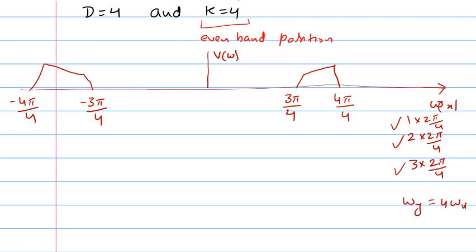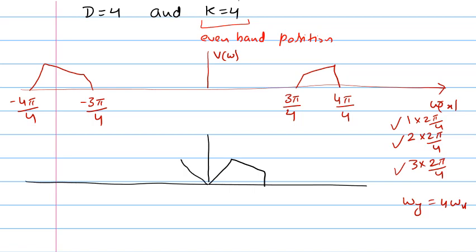Anyway, I'm just finally sketching the output of all these things. So what you will be getting at the end is something like this. This is pi, and this is minus pi, and this is your Y omega basically.